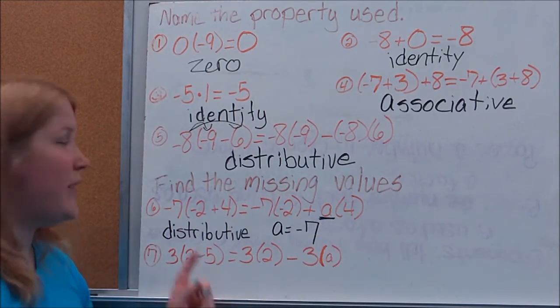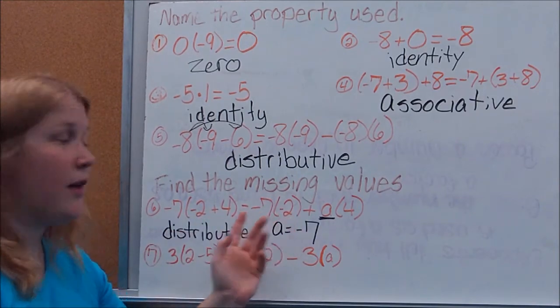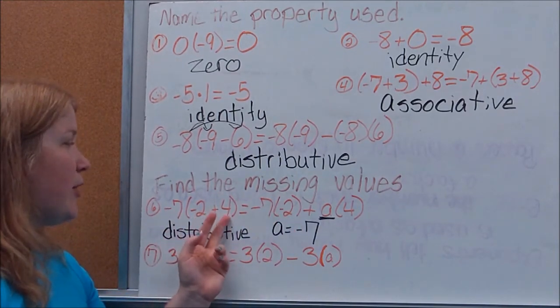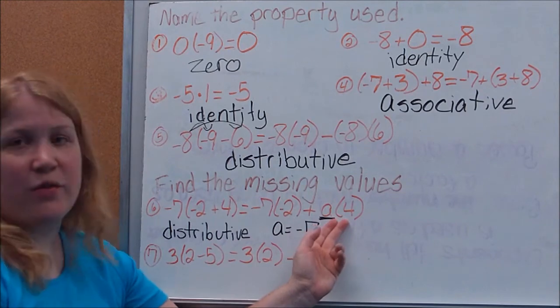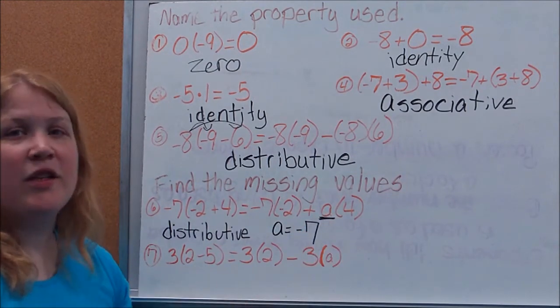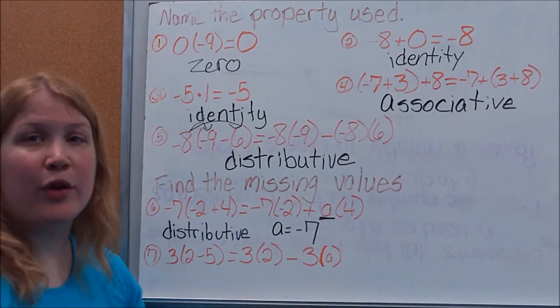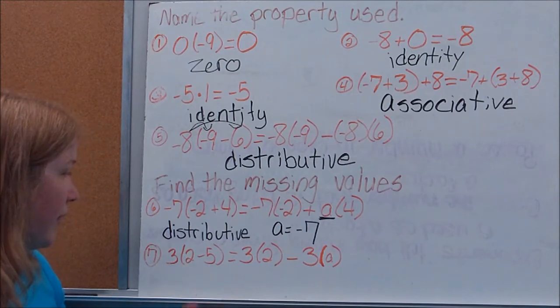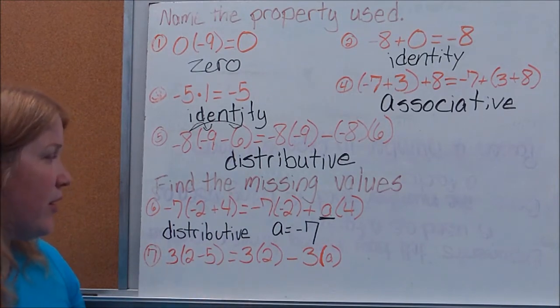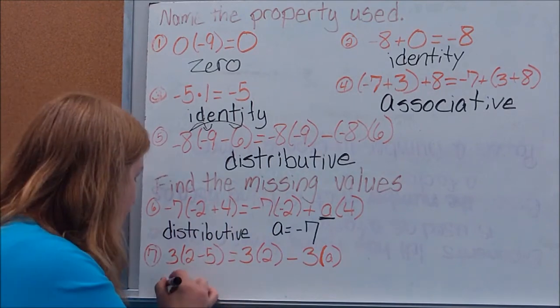The distributive property tells me I can take this number, I can multiply it by the first factor, which I've done here, and I can take this number, I can multiply it by the second factor, which is right over here. So this A should just be a -7. So once you know what property it is, it makes it a little easier to figure out what number needs to go in there. So here again, I notice that this is the distributive property.